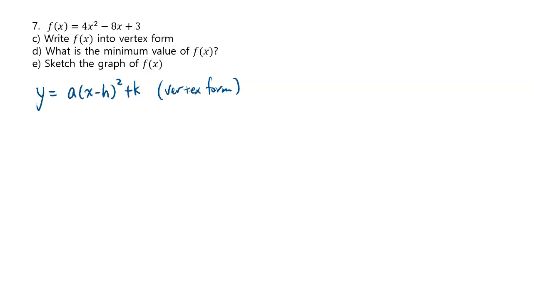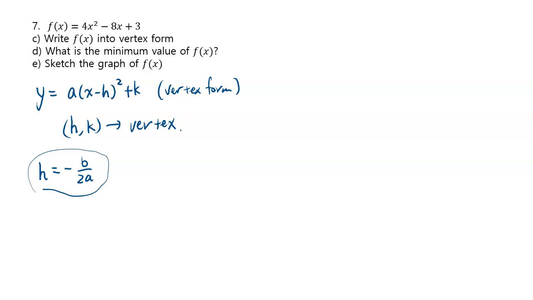And here it's called the vertex form because (h, k) is the vertex. Another important fact is that there's a formula for h, only h, okay? h is negative b over 2a. That's another formula that you have to memorize.